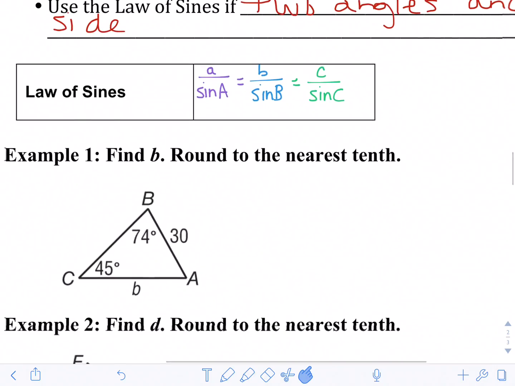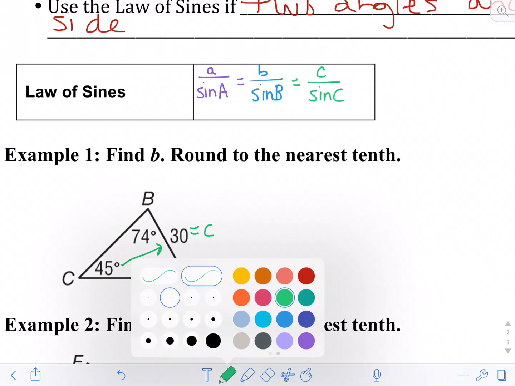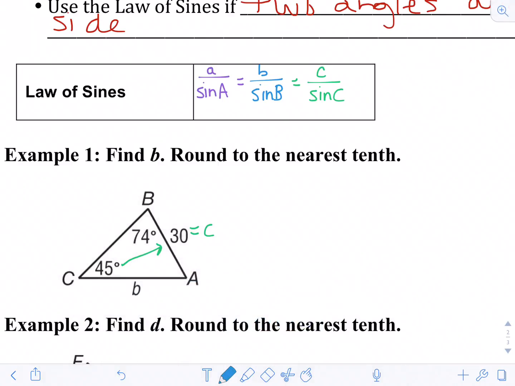So there we go. Example 1, it says find b, round to the nearest tenth. So I'm going to go ahead and look at what I know. Here is angle C and here's little c, and then the other one that I have is little b that I'm trying to find, and I have the angle for B. I don't know little b, so I'm going to keep it there.